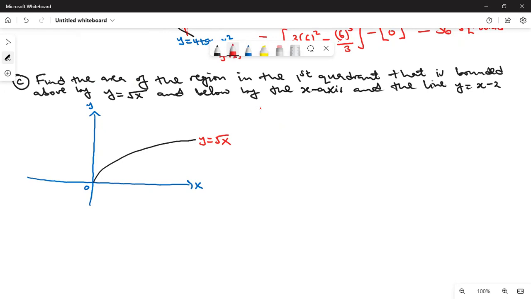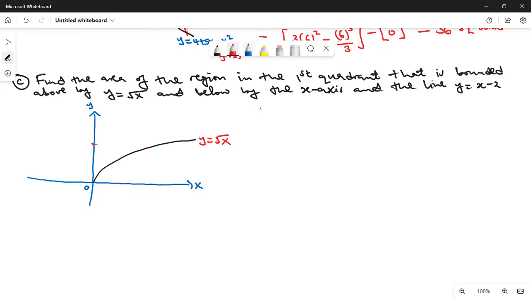And now the line y is equals to x minus 2. That means the y-intercept is 2 and the x-intercept is also 2. So let's say the point is here. Y-intercept is 2, x-intercept is 2. Y is equals to x minus, no, it's negative 2. Y-intercept is negative 2, not 2.